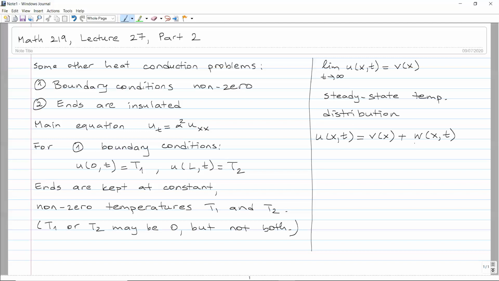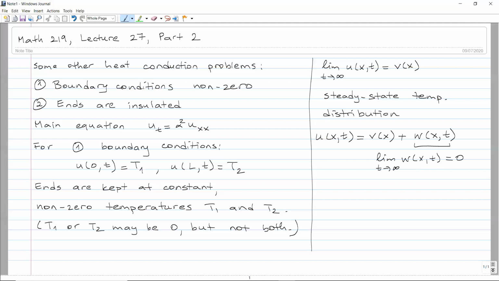If you want, you can consider this other part w to be the temperature distribution minus the steady state distribution. So the limit as t goes to infinity of this part is going to be 0.